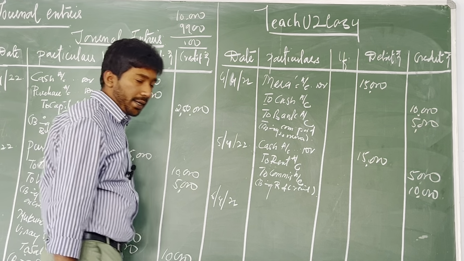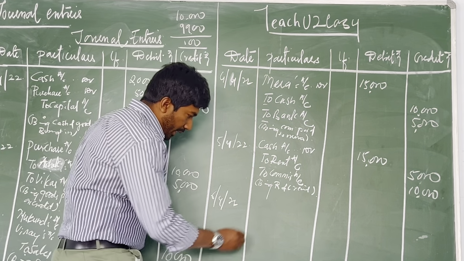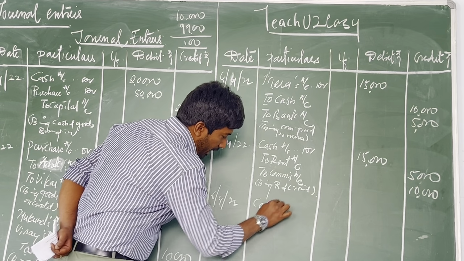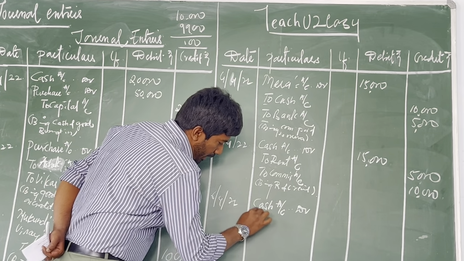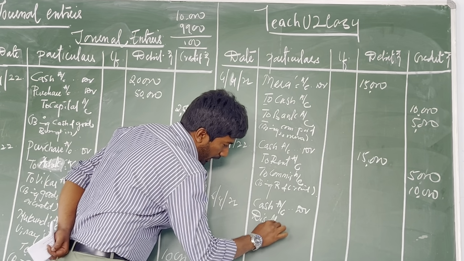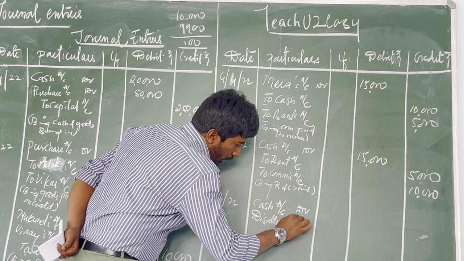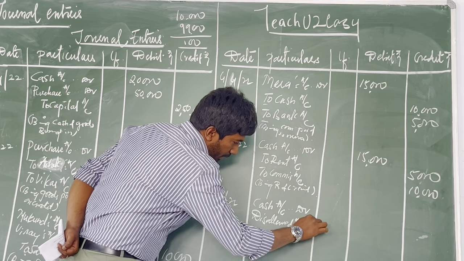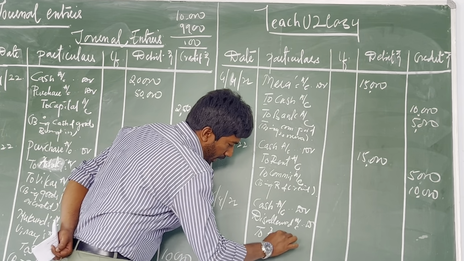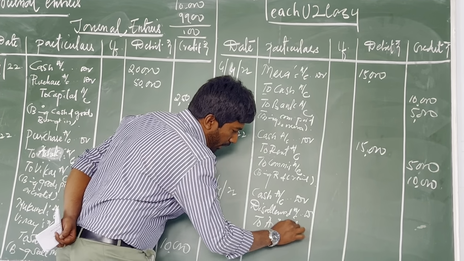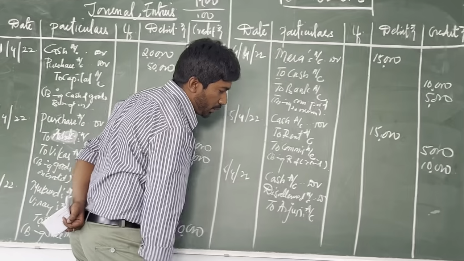So what is the entry? Cash is coming in, so cash account debit, discount allowed account debit, to who is the giver of the benefit? Arjun. Credit the giver, so the giver of the benefit is Arjun, so Arjun's account.